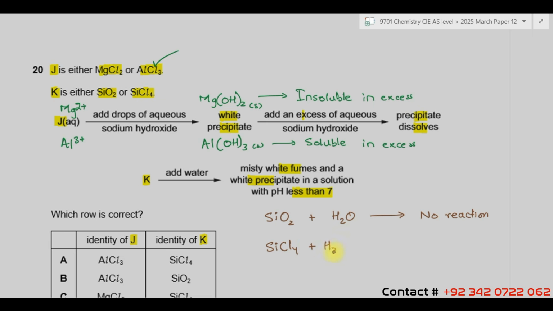When this one is added to water, it forms silicon dioxide, solid, and fumes of HCl. So misty white fumes of HCl are formed. Because of these fumes, the pH is less than 7. So second part is silicon chloride. So AlCl3 and SiCl4. Correct option is A.